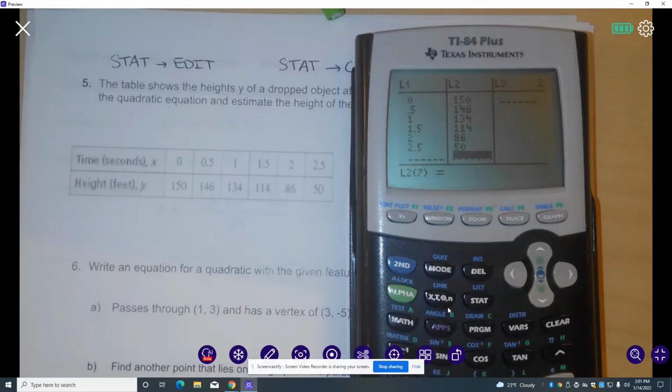Once I have that entered in, I'm going to find the equation of this quadratic by using quadratic regression.